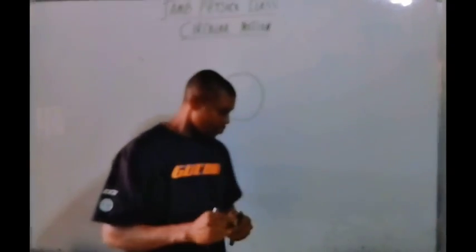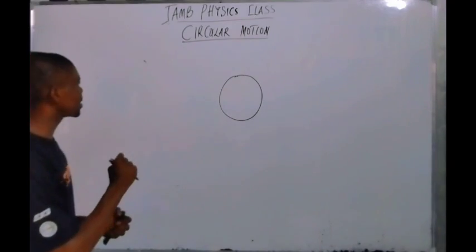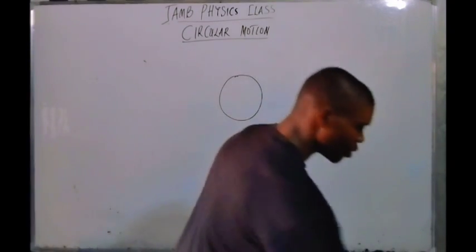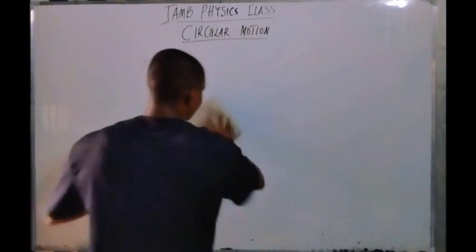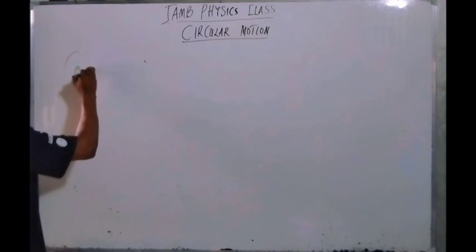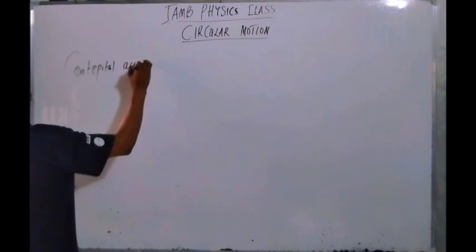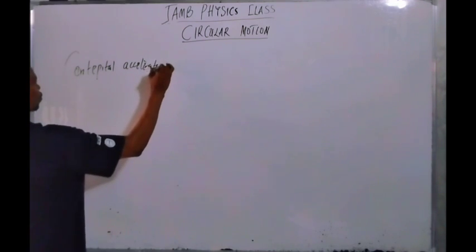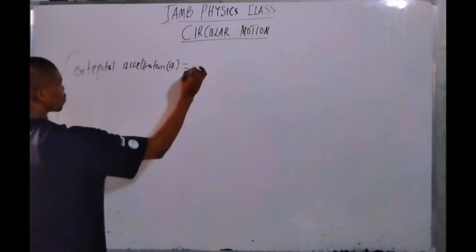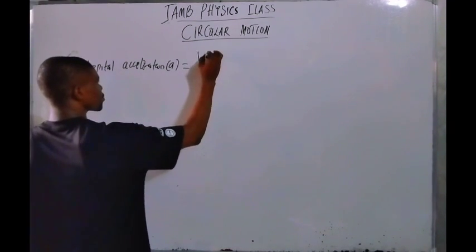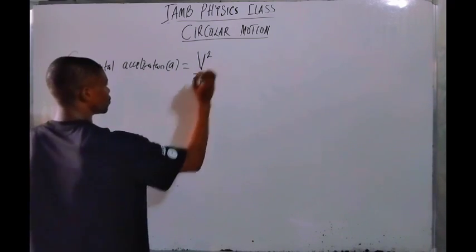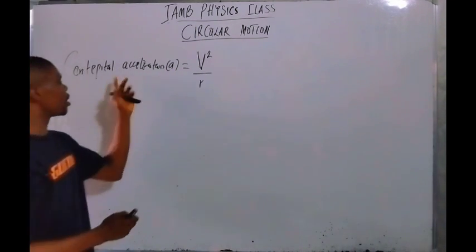When we talk about centripetal acceleration, the formula is a equals v squared over r. This is the formula.